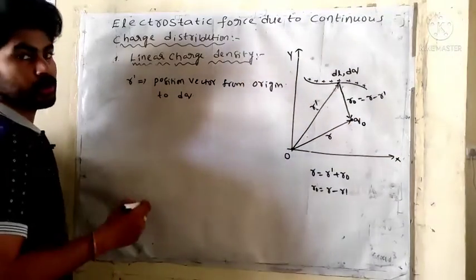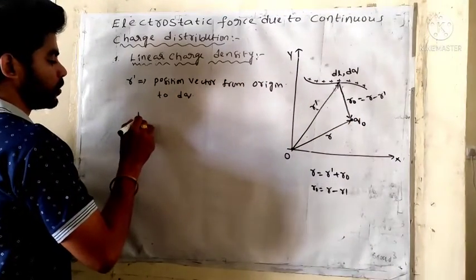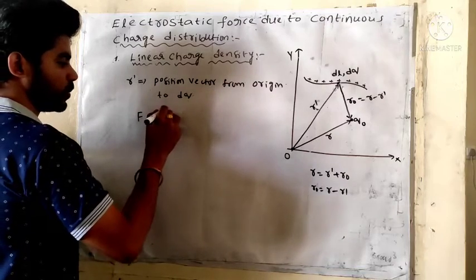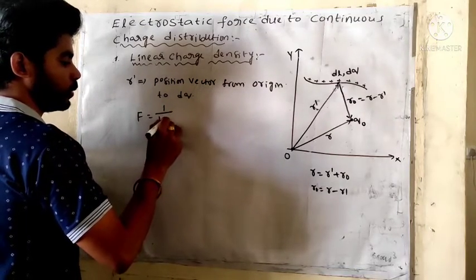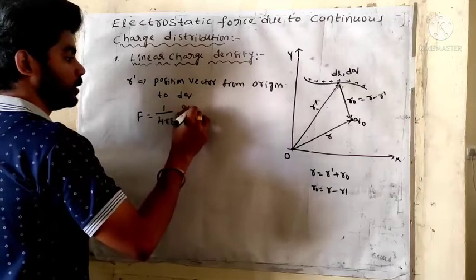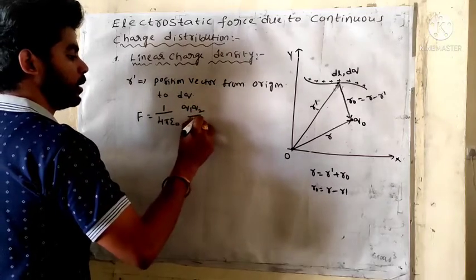Now I am calculating the force. According to Coulomb's law, the general force formula is F is equal to 1 by 4 pi epsilon naught, q1 q2 by r square.